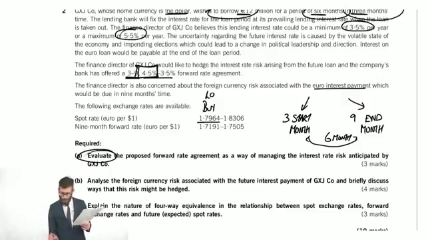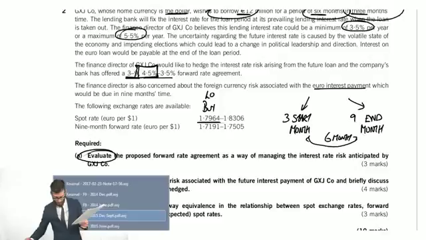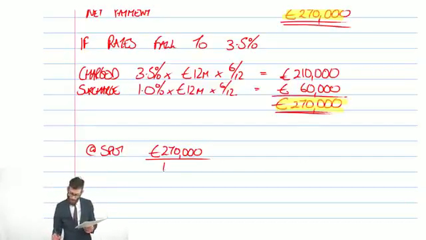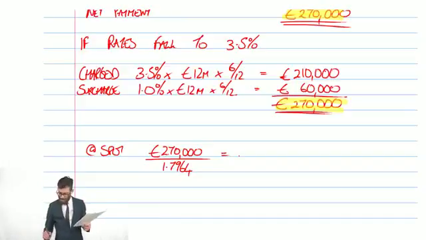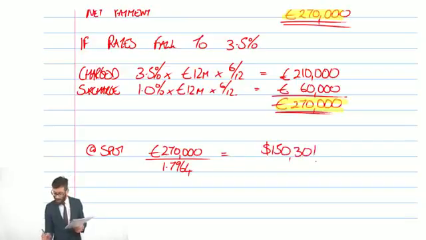So the spot is 1.7964. 270,000 divided by 1.7964 gives us a cost of dollars 150,301.